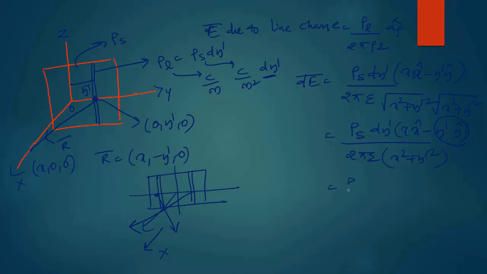So we can write rho s into dy dash into x x cap by 2 pi epsilon times (x square plus y dash square). So now rho s x x cap by 2 pi epsilon, and here we have the integral where y dash changes from minus infinity to plus infinity, dy dash by x square plus y dash square, which we have to perform.